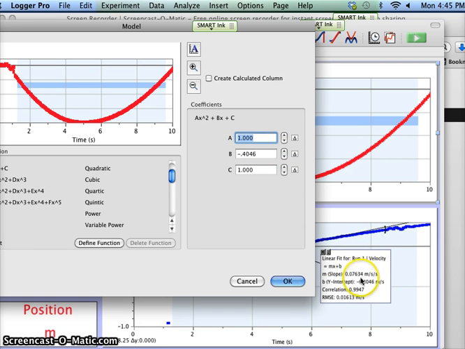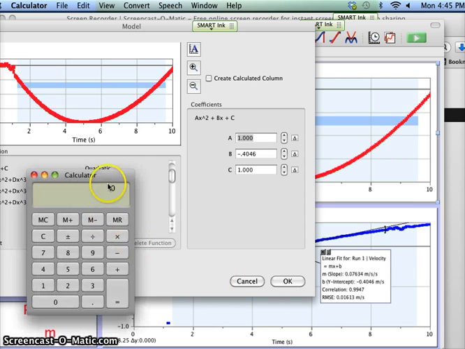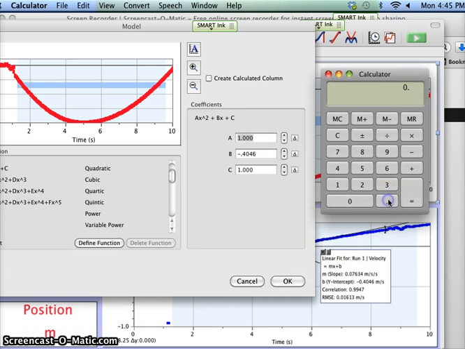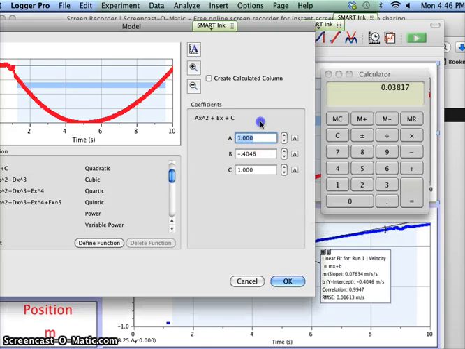I can take half of my acceleration. Use a calculator for that. 0.07634 divided by 2, and I get 0.03817. So I'll put that there. 0.03817. And you can see this curve is very close to our data.